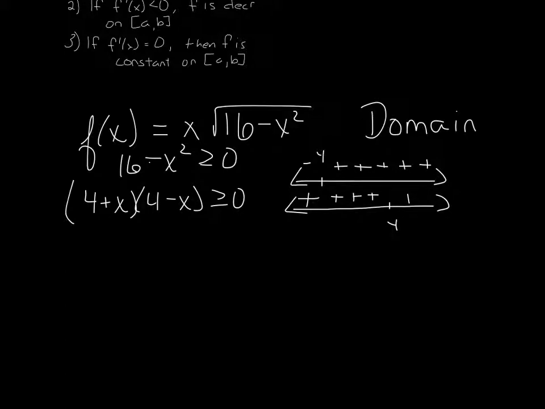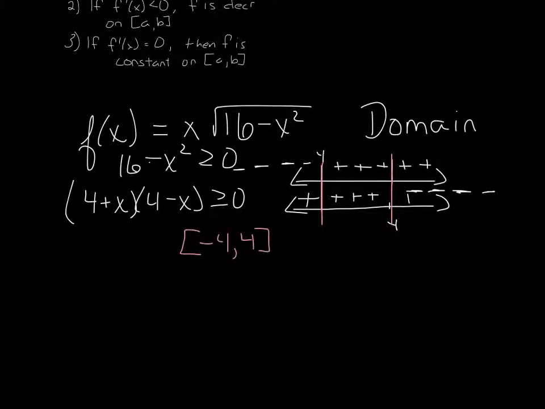You're going to get a negative. What if I choose something that's greater than 4? I get a negative. So where is this greater than or equal to 0? Between -4 and 4, so that's my domain.